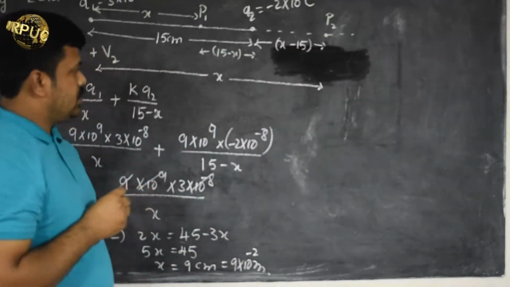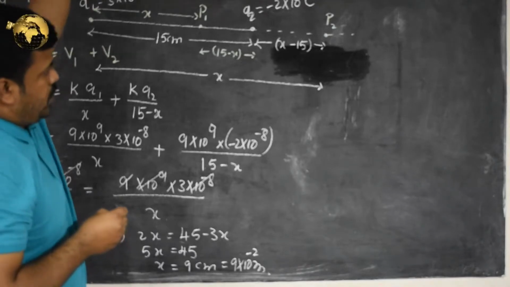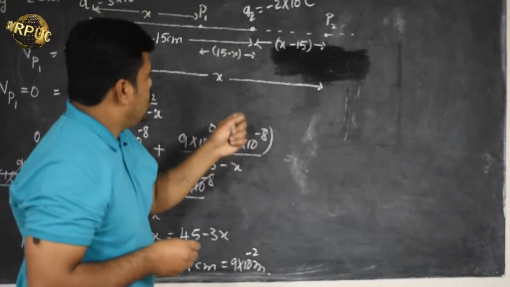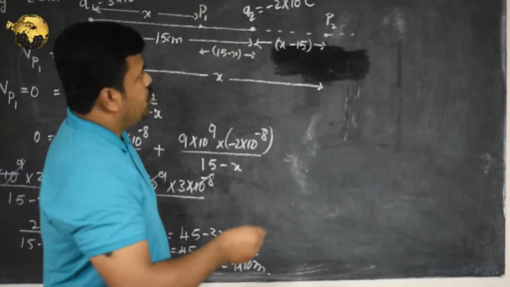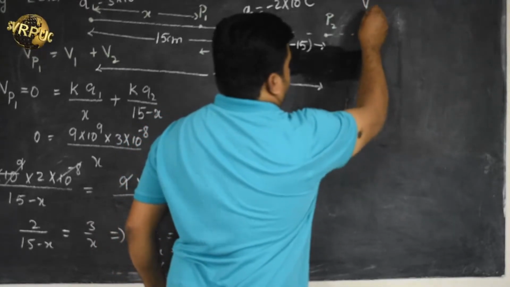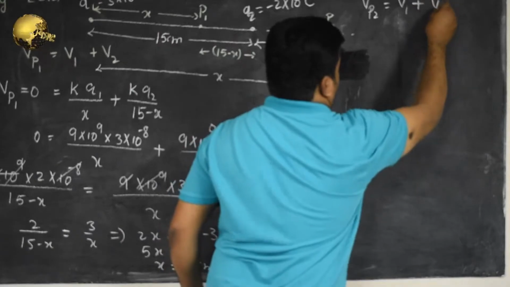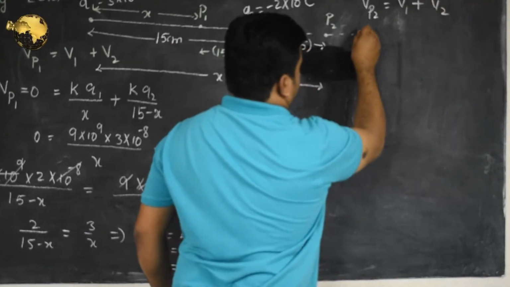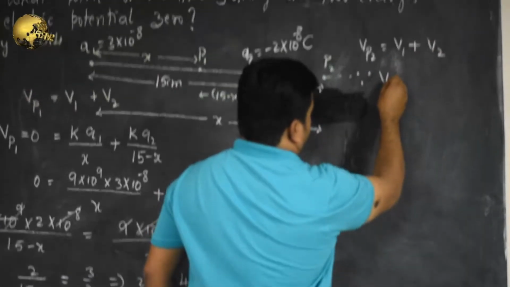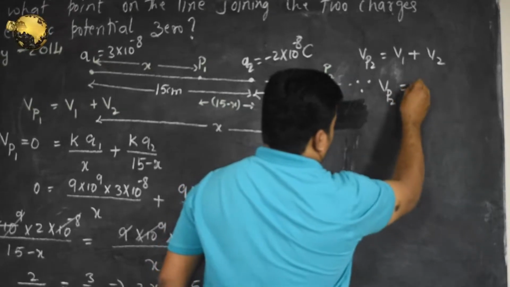Okay, so let's calculate the required value. At point P2, the potential Vp2 is equal to V1 plus V2, and the potential is 0, that is Vp2 is equal to 0.